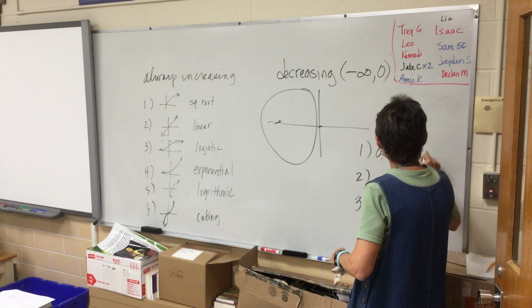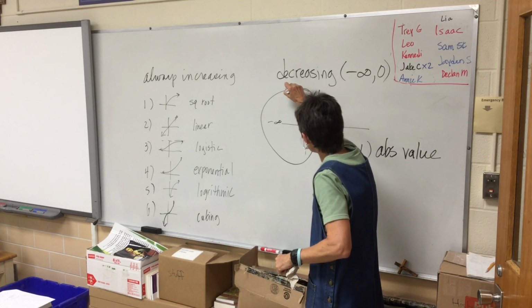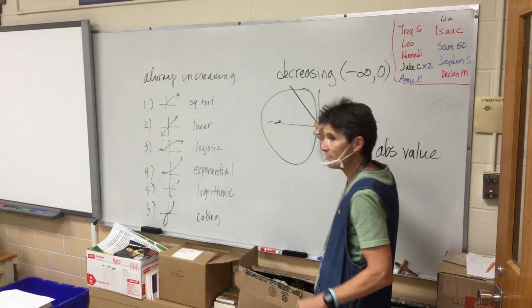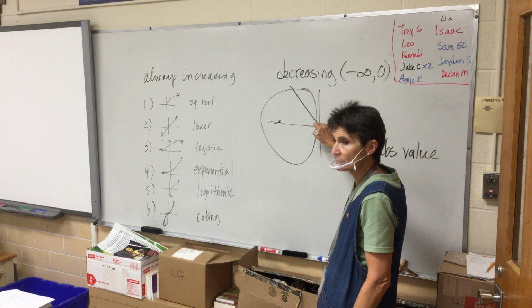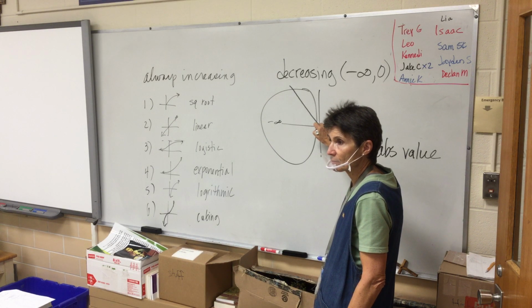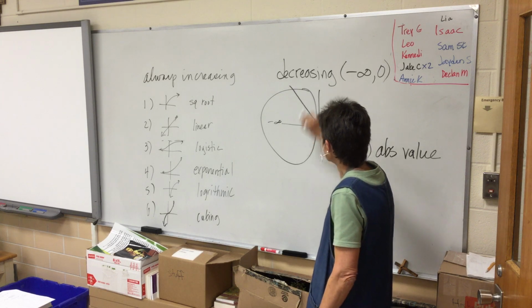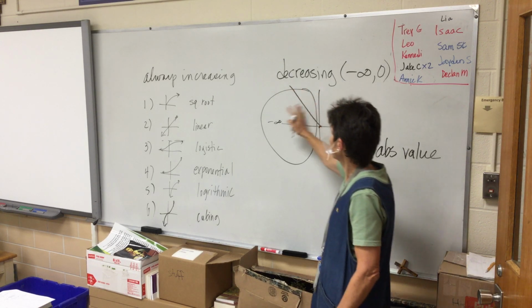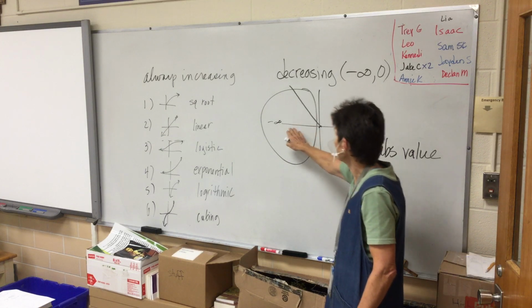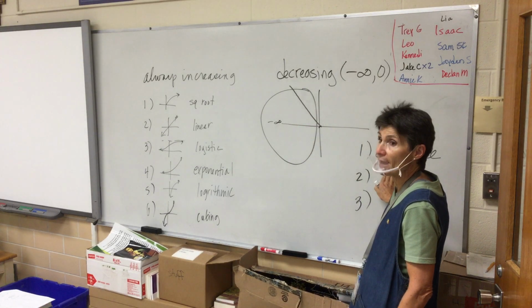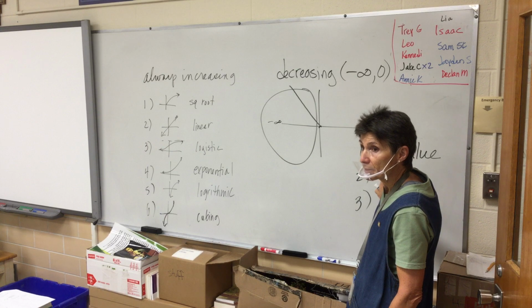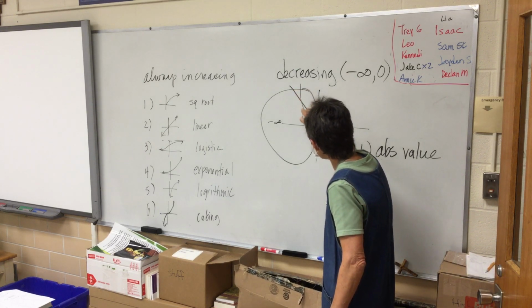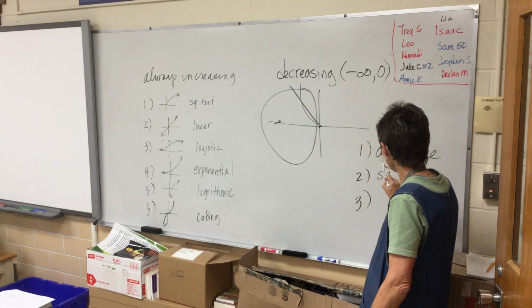Because when I draw it over here on this side, isn't my pencil coming down? Decreasing means coming down. And we only want it decreasing on this side from negative infinity to 0. So 1 would be absolute value. Caroline? Squaring. That one also comes down. Very good. Squaring. Perfect.